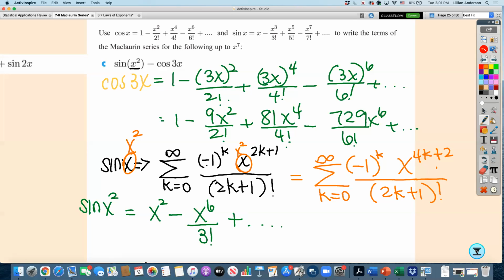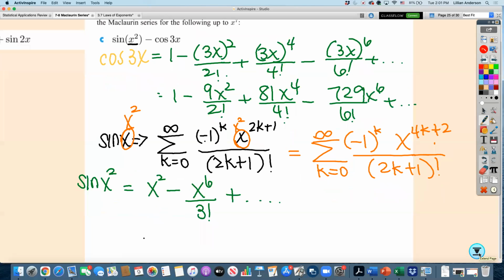So what we're going to do is take sine x squared, which is x to the 2nd minus x to the 6 over 3 factorial plus the series, and then subtract this series here, which was cosine 3x.